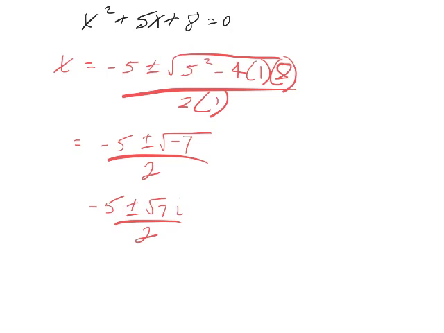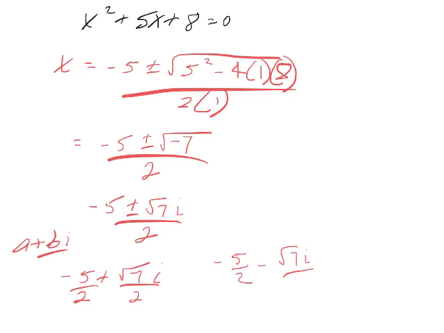So we end up with negative 5 plus or minus the square root of 7i over 2 for our answer. The solutions, as far as where this crosses the x-axis, is negative 5 plus the square root of 7i, and we'll put that over 2 and that over 2 because it is imaginary, so it's got to be in the a plus bi format, which means the next answer is negative 5 halves minus the square root of 7i over 2.